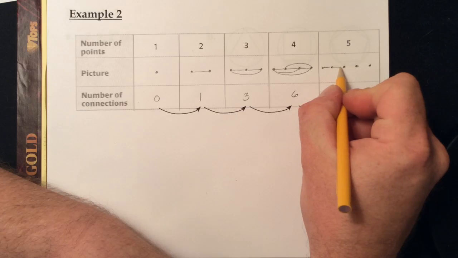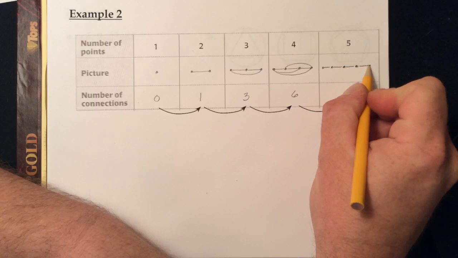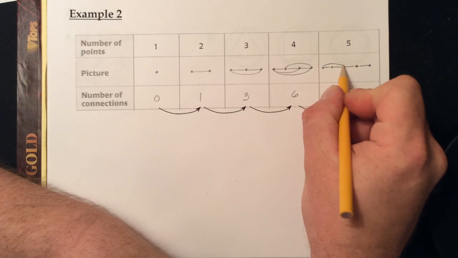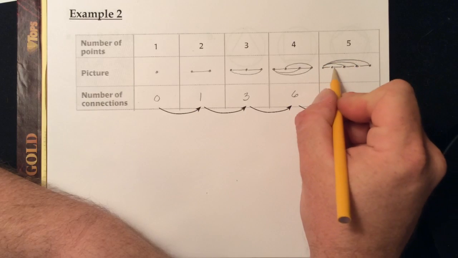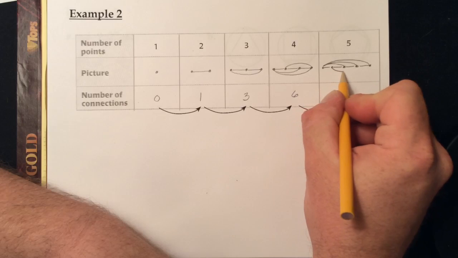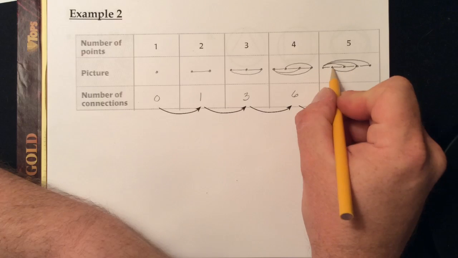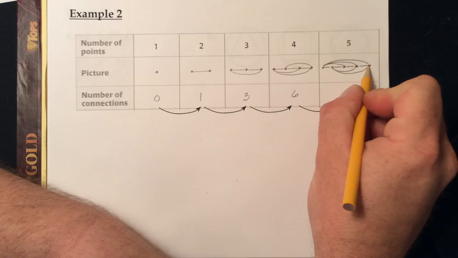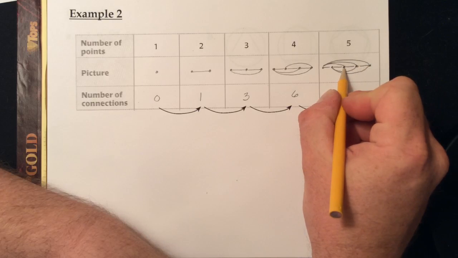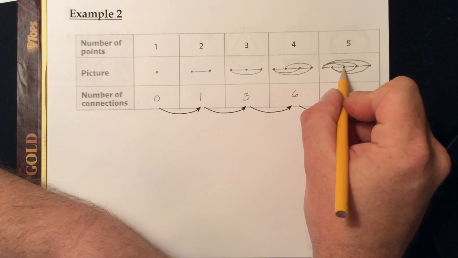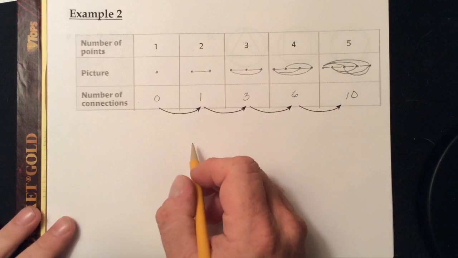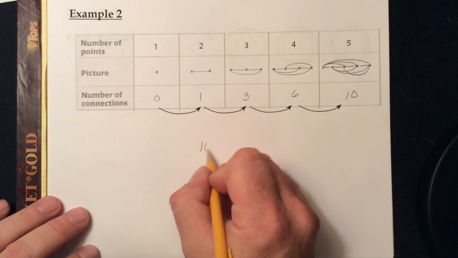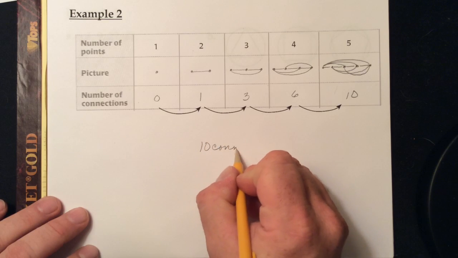There's 1 connection, 2, 3, 4, 5, 6, 7. Go to the second point. 8, already have that one, 9, and then starting from here, the only connection left is between the third and the fifth, 10. So the answer to this is 10 connections.